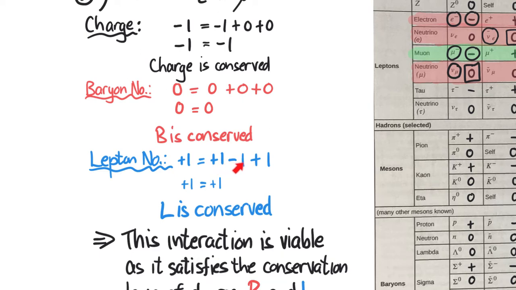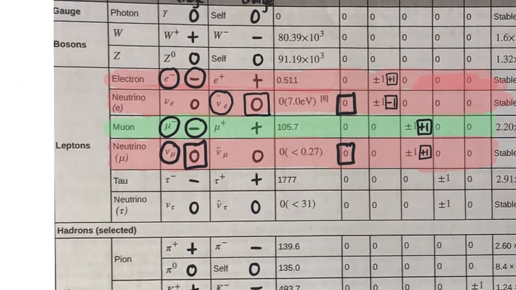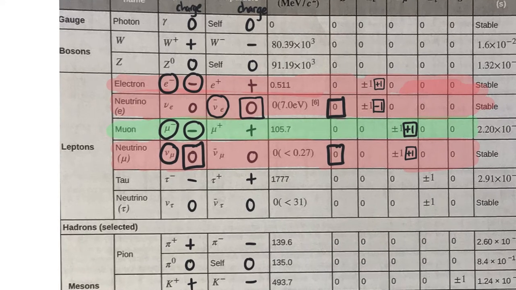The anti-electron neutrino has a lepton number of -1, and the muon neutrino has a lepton number of +1. And we can verify this if we look in the table here. We see here is the information about leptons, and there's the muon. The muon has a lepton number of +1.